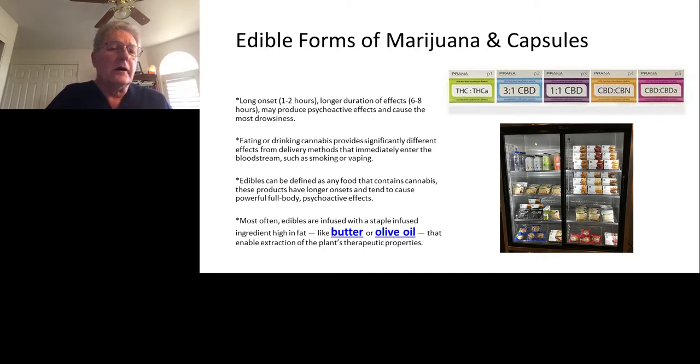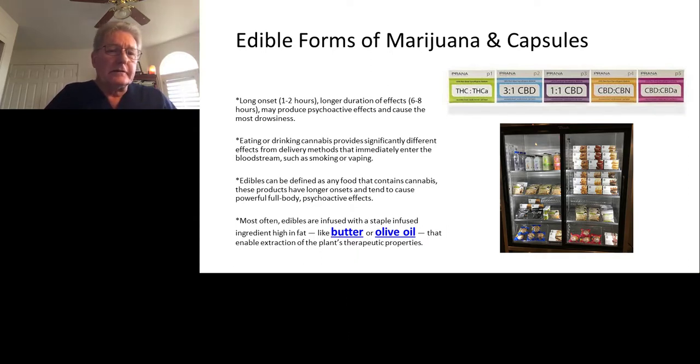Edibles are where you hear the most extreme experiences, where someone consumes a brownie, for instance, waits an hour with no effect, eats another serving of a brownie, still no effect, and then 4 hours later, the person is so high that they're very uncomfortable and intoxicated.